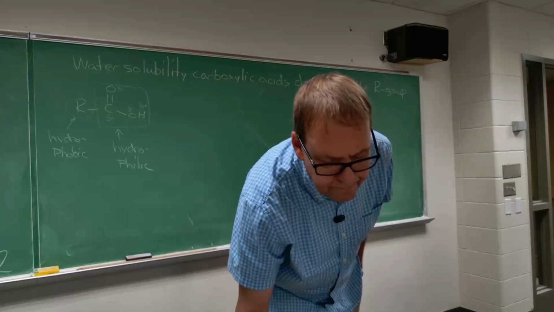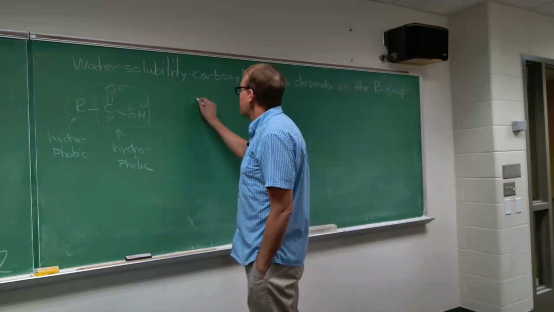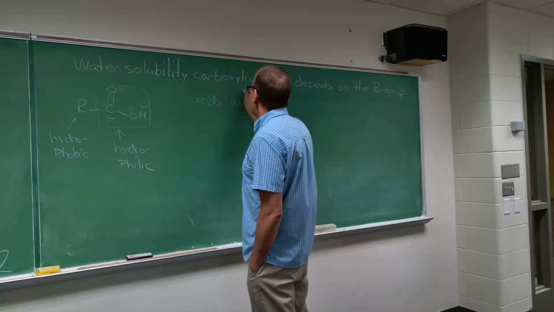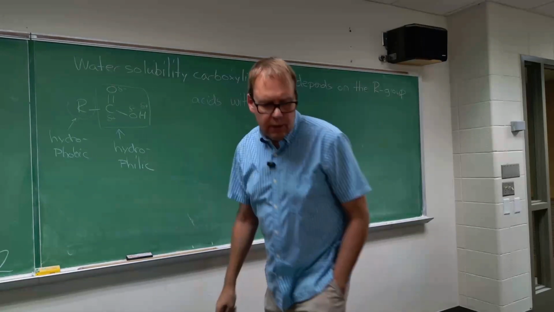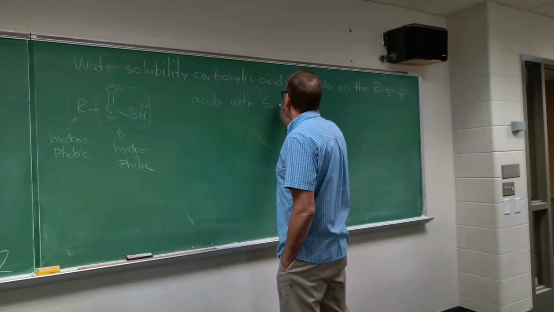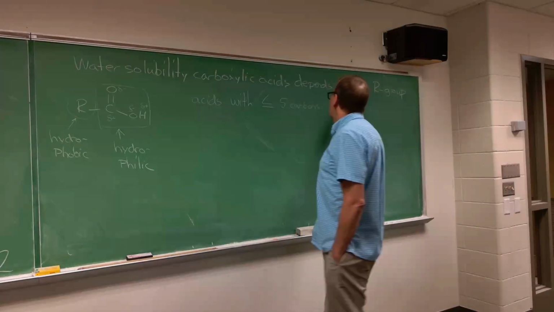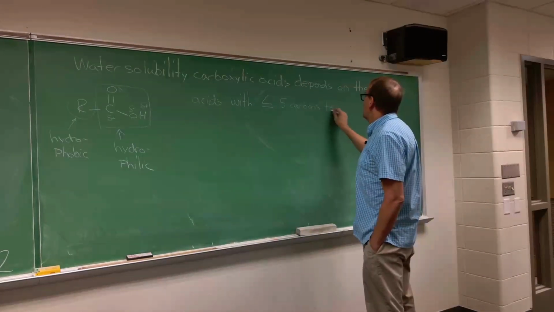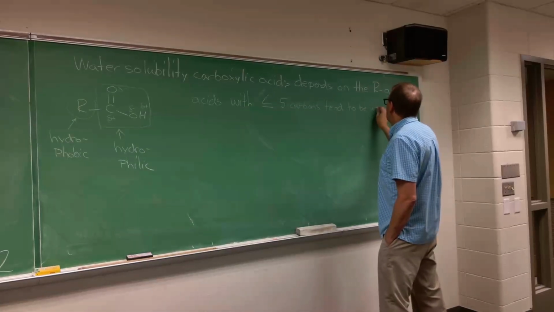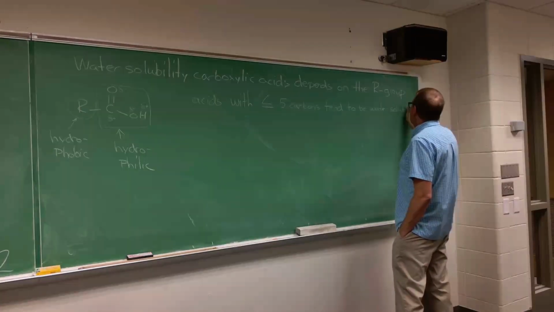So the usual rule is, and I want to make sure I get this right, acids with less than or equal to 5 carbons tend to be water soluble, at least somewhat.